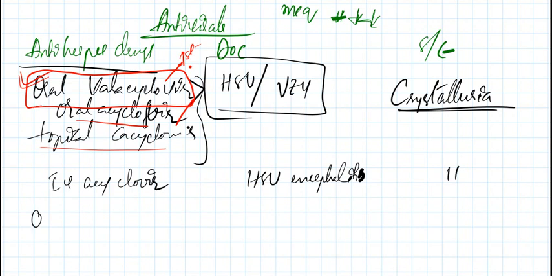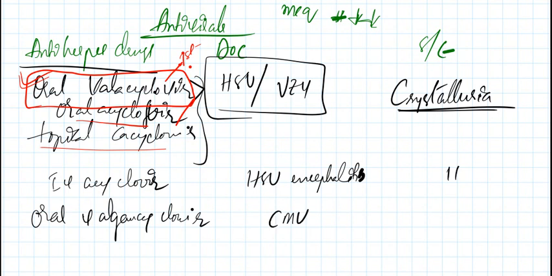Now oral valganciclovir is used in cytomegalovirus, but we have another drug, that is oral ganciclovir. But oral valganciclovir is more potent, or you can say that oral valganciclovir should be your first choice.